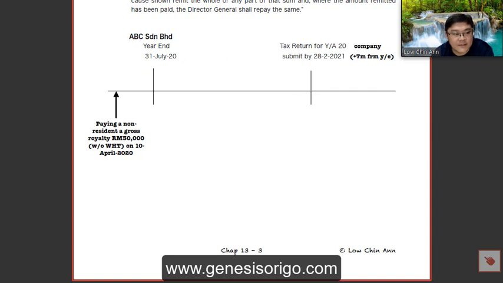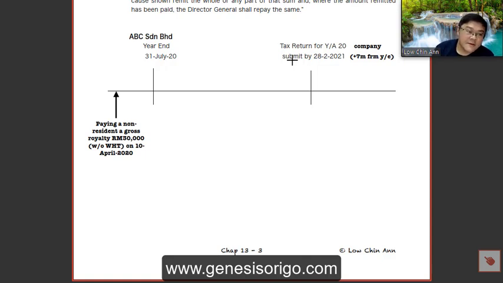Now you see, there's this company called ABC that has a year end of 31st July 2020, and the company is supposed to file a tax return form, the form that shows how much taxes you have to pay. For a company, the filing of tax return is 7 months from the year end.